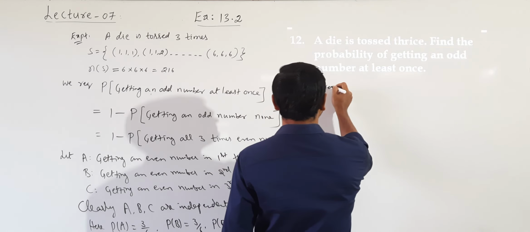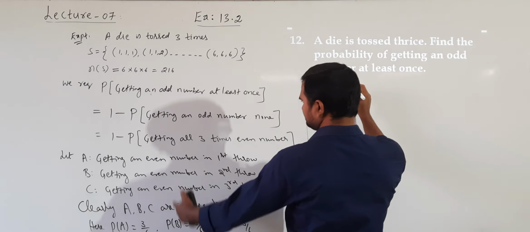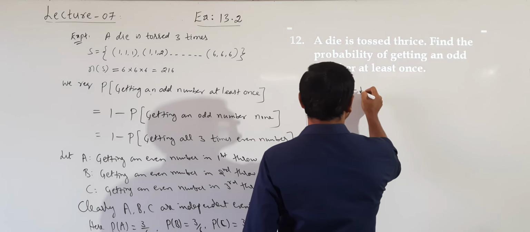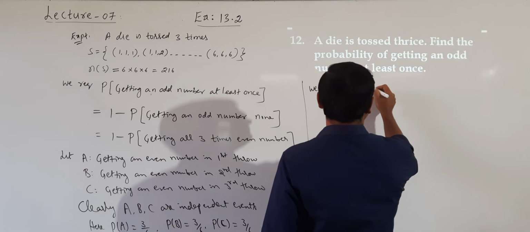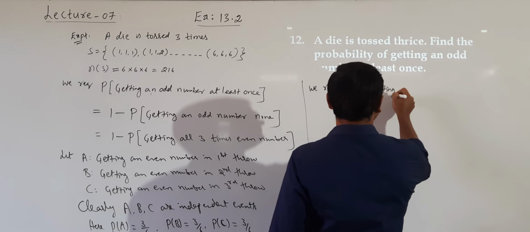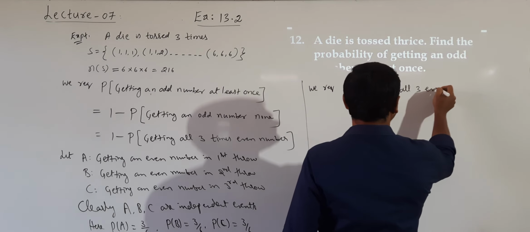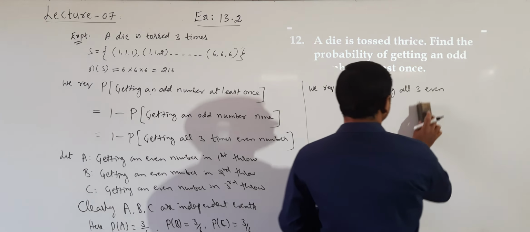So what we require is 1 minus P of getting all three times even numbers.